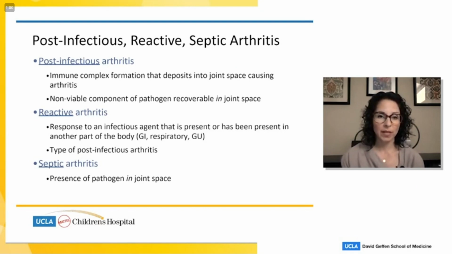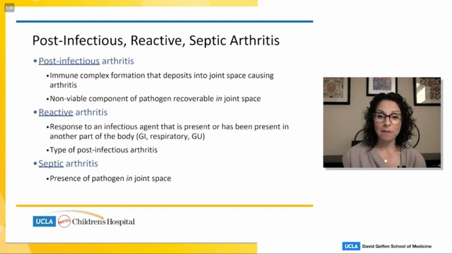So post-infectious arthritis is essentially an immune complex disease that deposits into the joint space after an infectious insult. If you were to look within the synovial fluid, you would not see any specific pathogen. Again, reactive arthritis is a specific form of post-infectious arthritis.